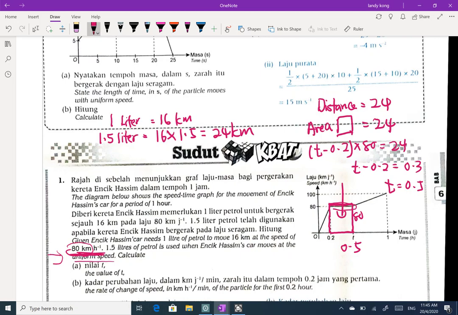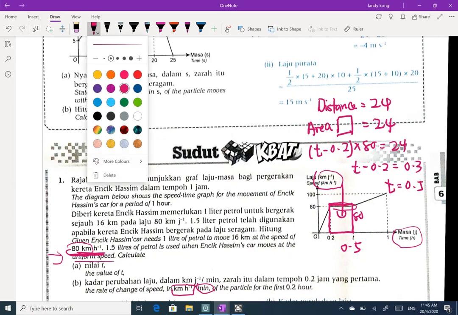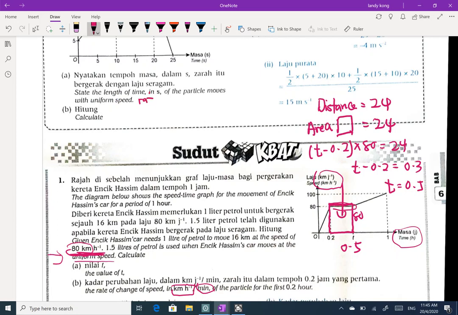The rate of change of speed, in kilometers per hour per minute. I don't want hours. For the first 0.2 hour. Okay, the rate of change of speed. How do I get the rate of change of speed? It is the gradient.